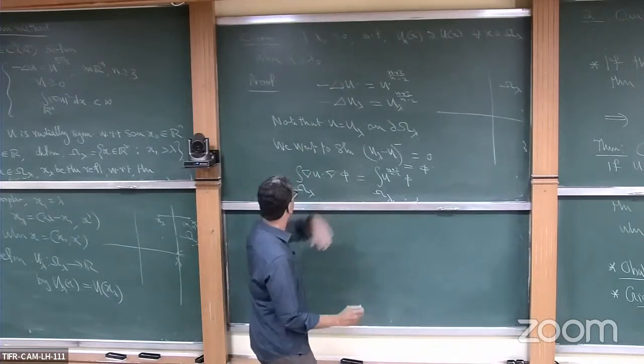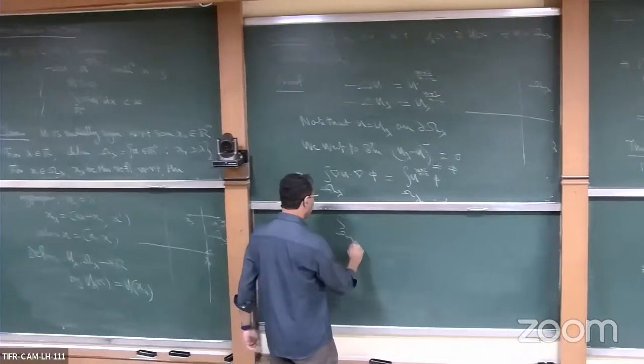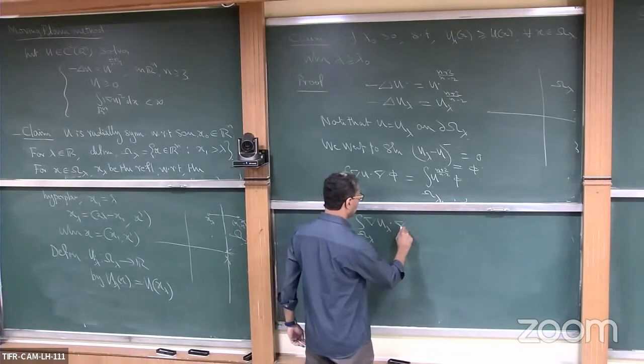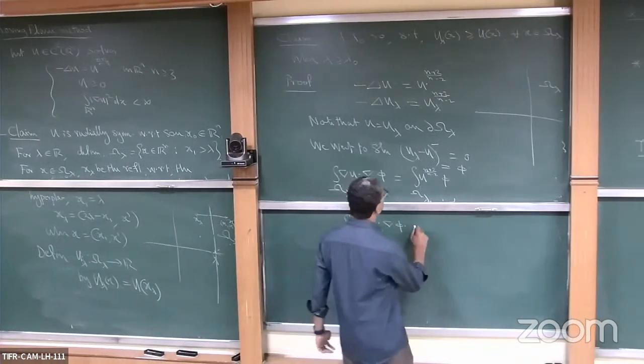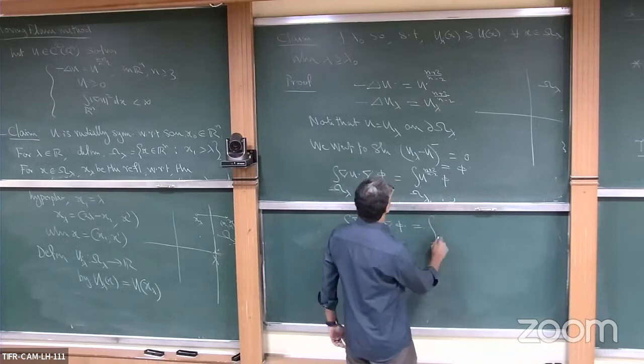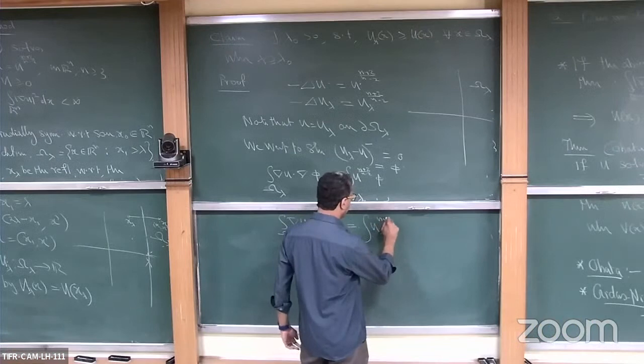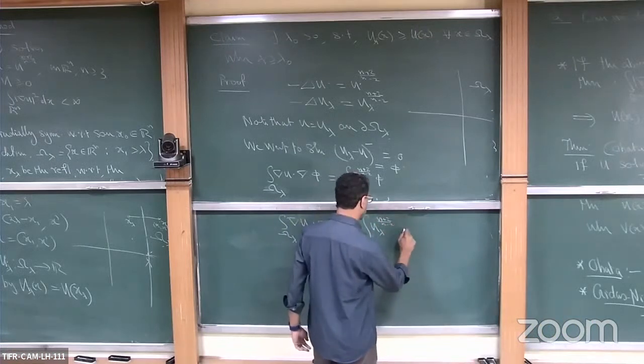And similarly, you have the other one, the integral over omega lambda of gradient of u lambda dot gradient of phi, that is going to be equal to u lambda to the power (n plus 2)/(n minus 2).